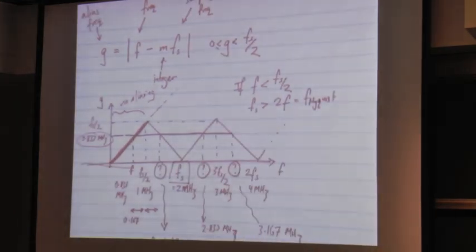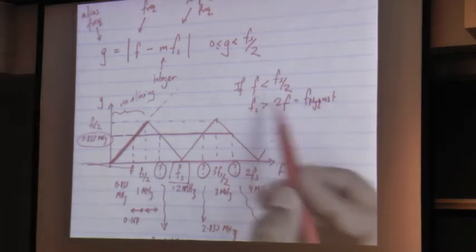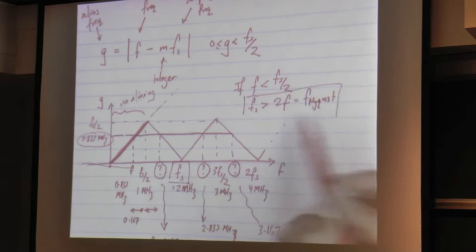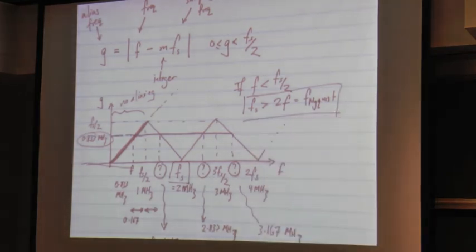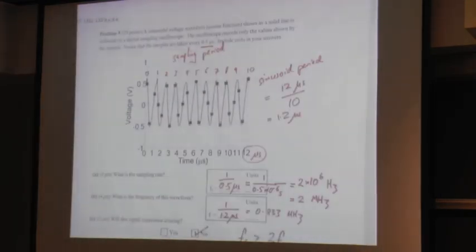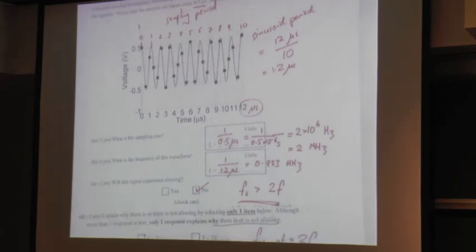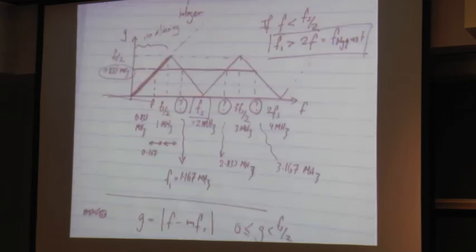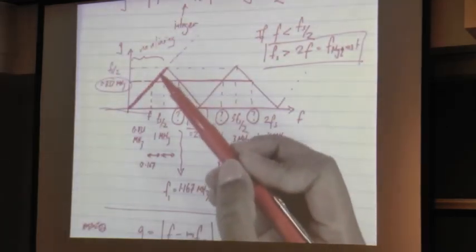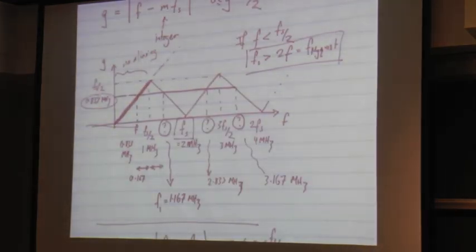I just did some manipulation of the symbols to turn this into this, and this was our statement before. I wrote it back here: fs has to be greater than 2f. So that property is captured in the picture as well, as basically the first kink in the sawtooth, where it starts going down instead of continuing up.